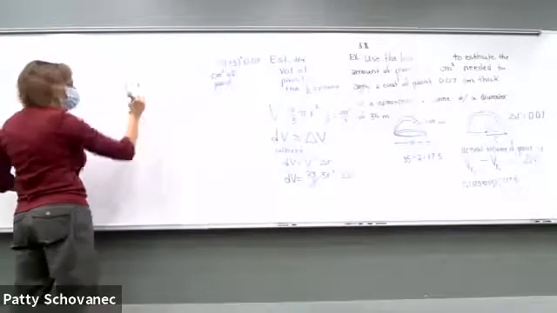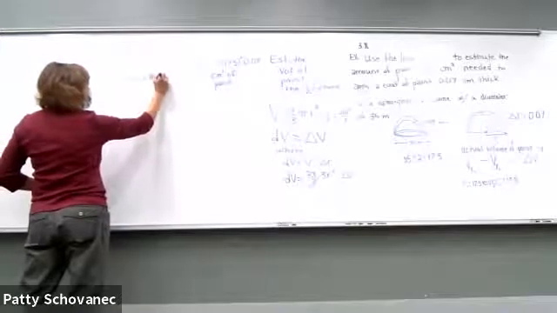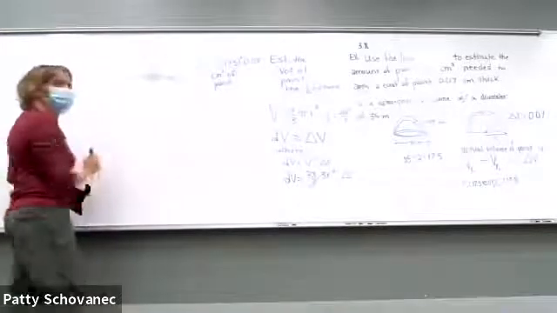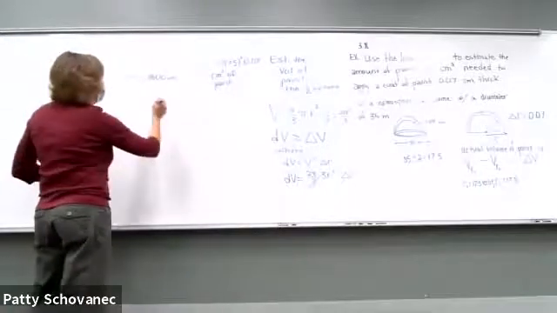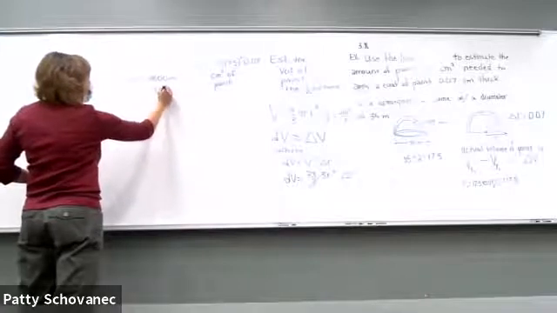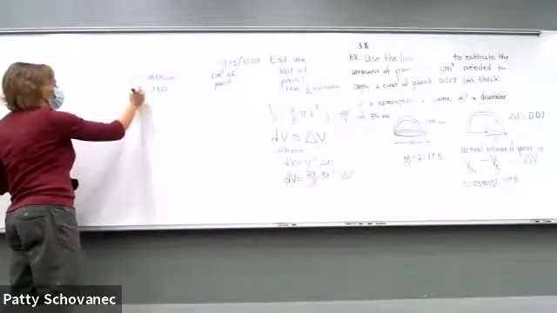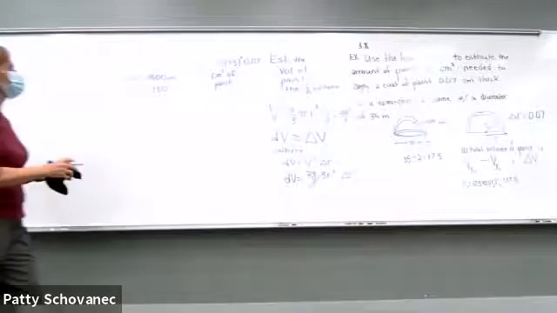That means I move the decimals 2 places. And so when I cut that in half, that is our radius. So that number goes where the R is.